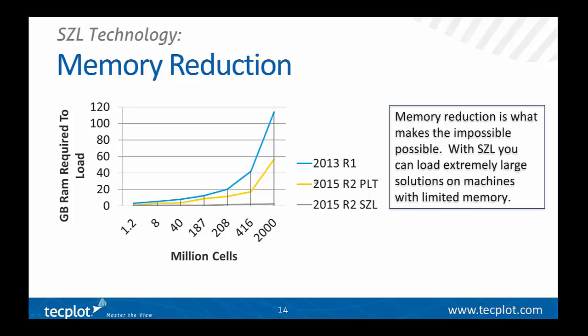Our current version, even without Sizzle technology, is in the 50 to 60 gigabyte range. Still much better than before, but with Sizzle, we are down around the 2 gigabyte range. So you can load that 2 billion cell case from a laptop? That's right. You can do that on a laptop, even a really old, slow laptop.